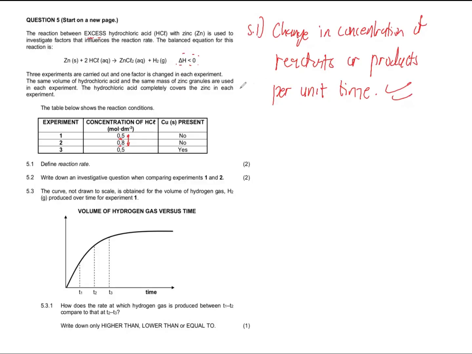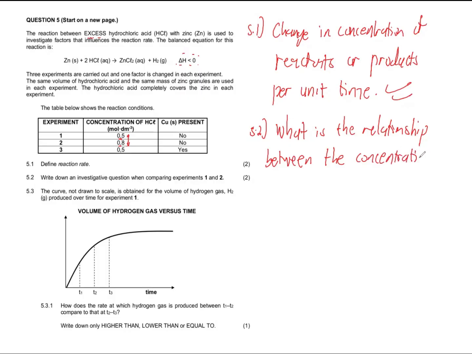So that means I would say, what is the relationship between the concentration and the reaction rate? And then since it's an investigative question, do not forget to put a question mark. So what is the relationship between the concentration and the reaction rate, right?